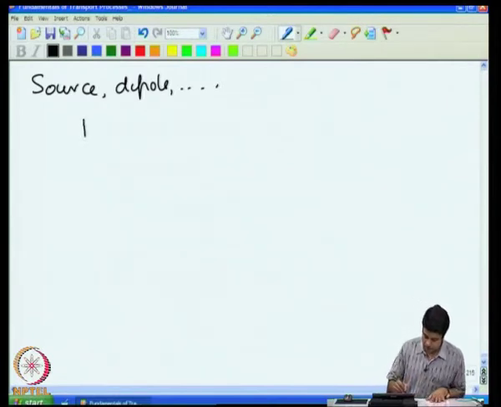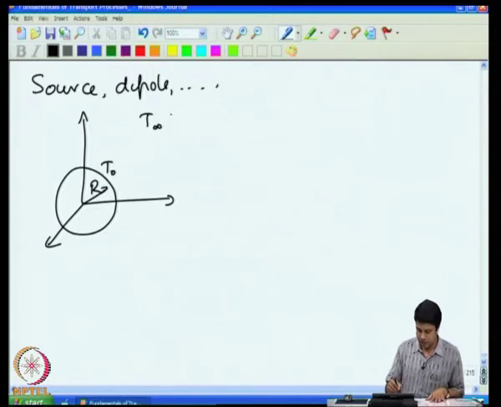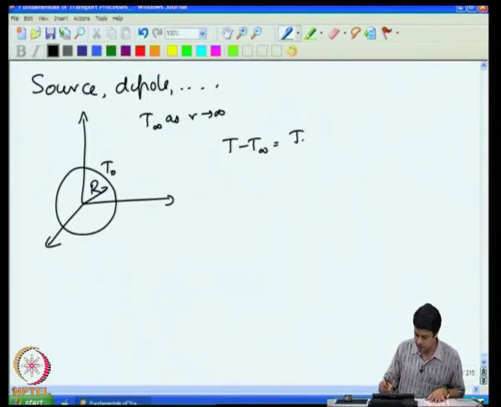If you recall, we had solved the problem for the heat conduction from a sphere of radius r, with temperature T naught at the surface, T infinity as r goes to infinity. The temperature turned out to be T minus T infinity equal to T naught minus T infinity into r by r.